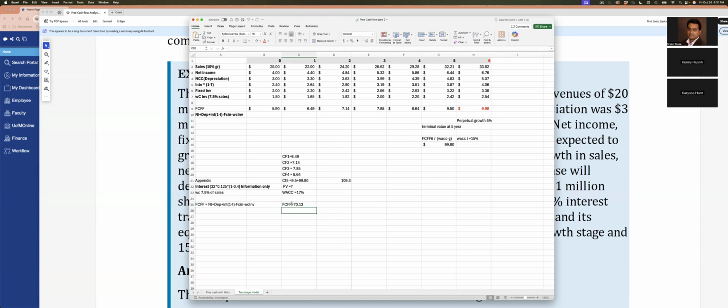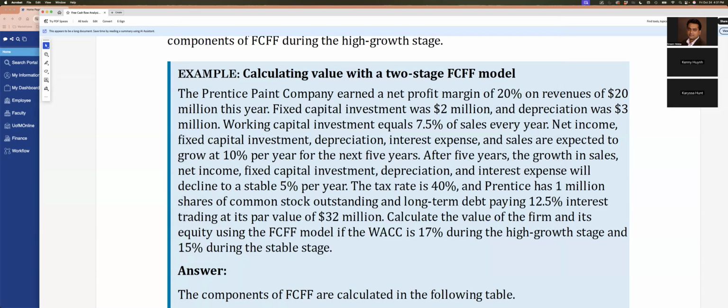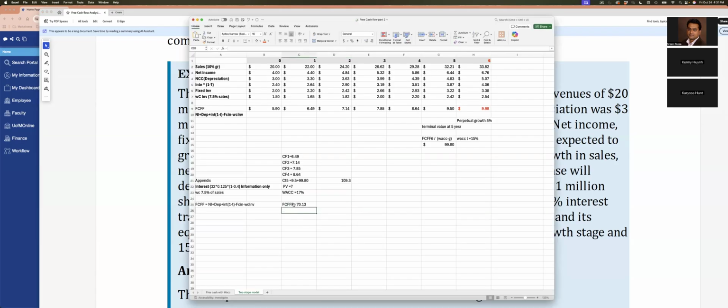So how much debt do they have? That is the 70.13 million value. But how much debt does the company have? 32 million. So this free cash flow to the firm is both the debt plus equity, right?